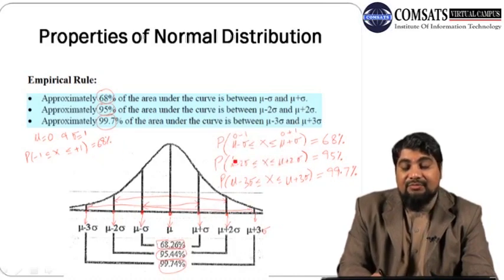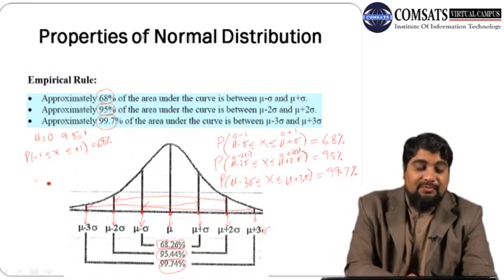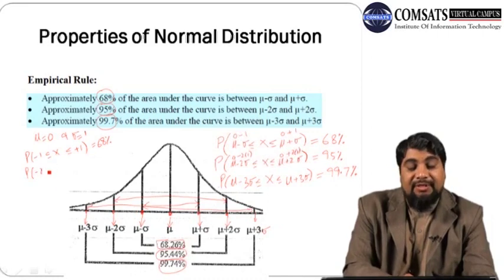And here if we replace mu by 0 and sigma by 1, we get 0 minus 2 is minus 2 and 0 plus 2 is plus 2. You can write probability minus 2 less than or equal to x less than or equal to plus 2.